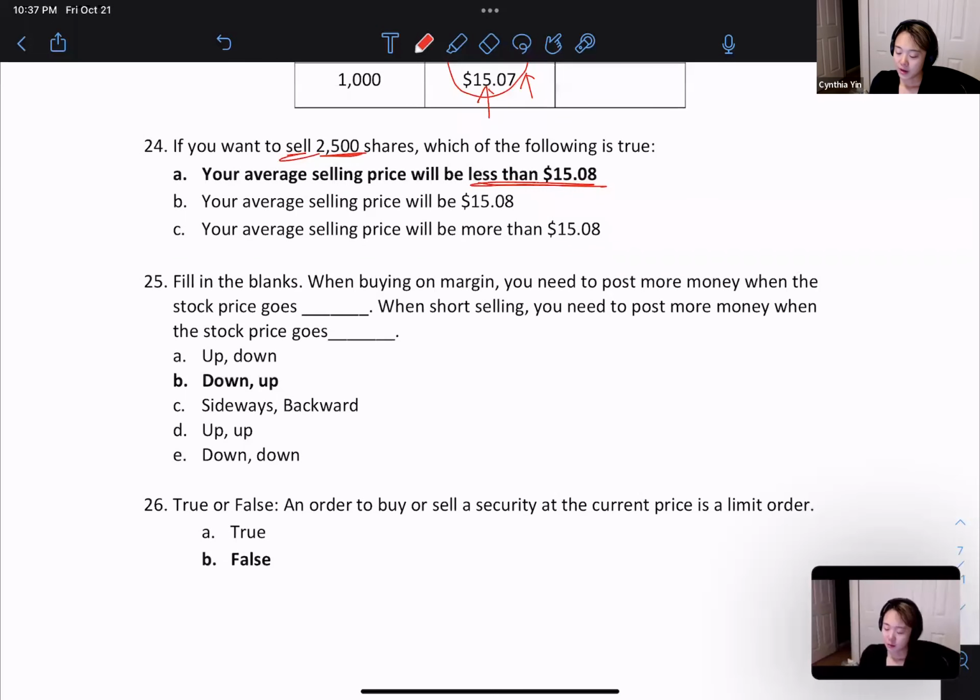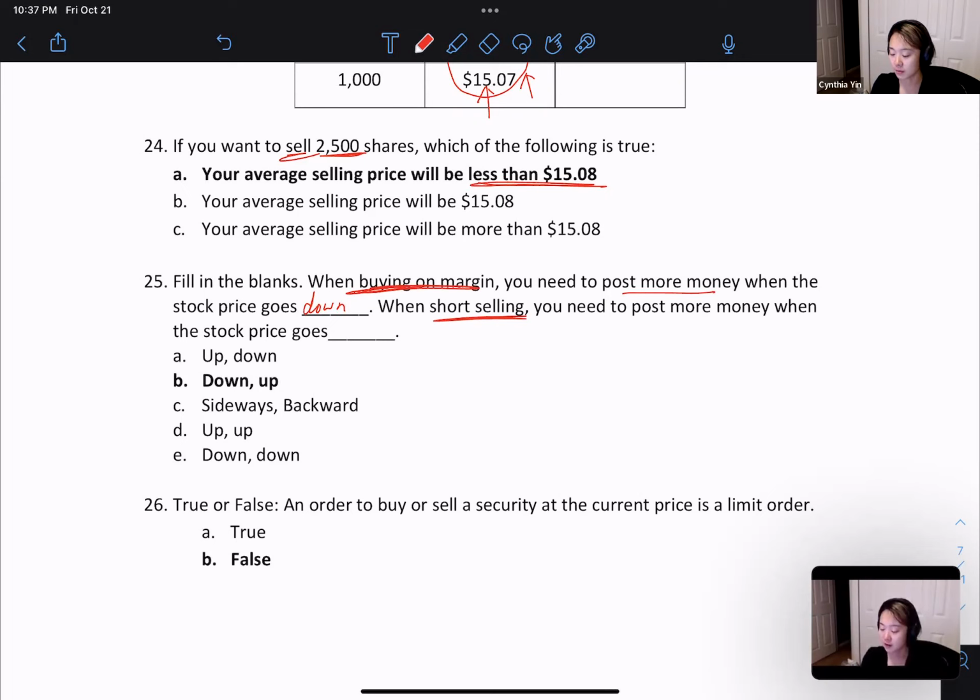Fill in the blanks. When buying on margin, this one we're going to test. You need to post more money when buying on margin. Buying on margin means you bet the price will go up, and if the price goes down, you're losing money. So you need to post more money, so this one is down. When you're short, you wish the price to go down.